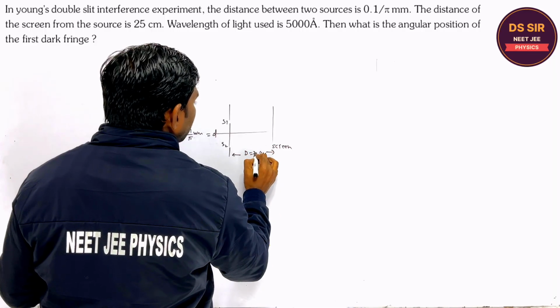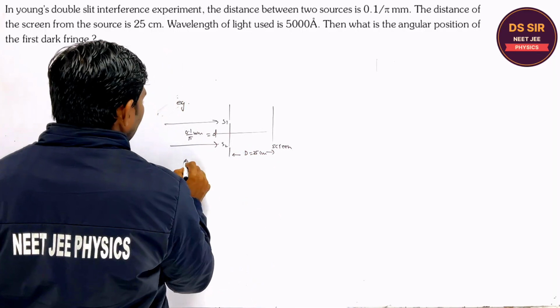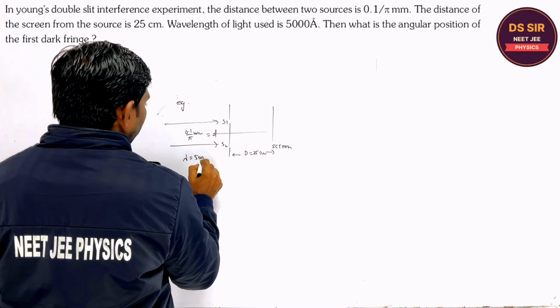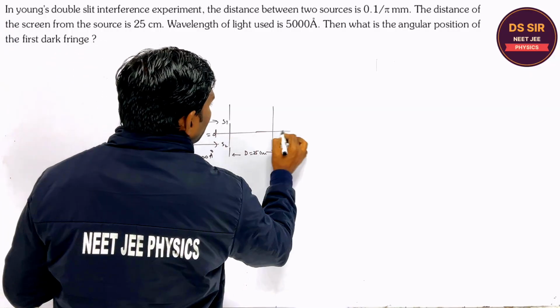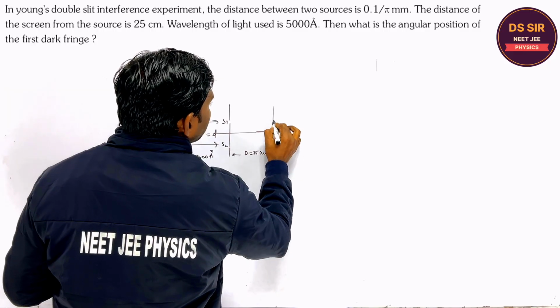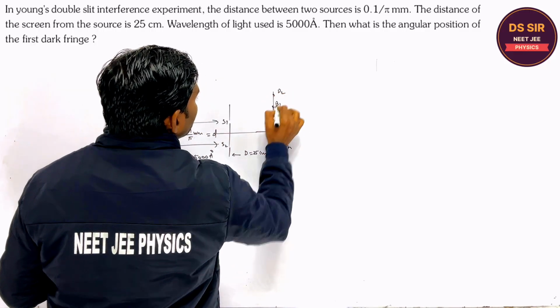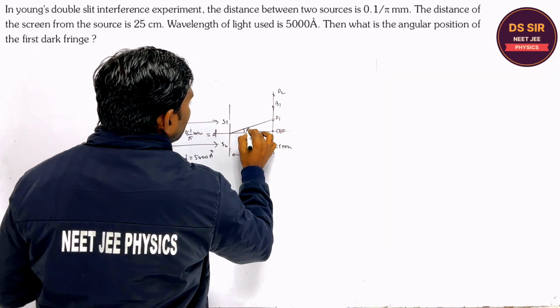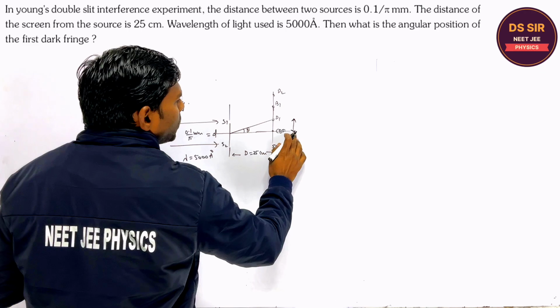Right? Very good. Wavelength: what wavelength are we using? 5000 angstrom. Right. What is the angular position? Suppose this is the central bright fringe, then D1, then B1, then D2. So what are they asking? The angular position of D1. What is this distance, you tell?